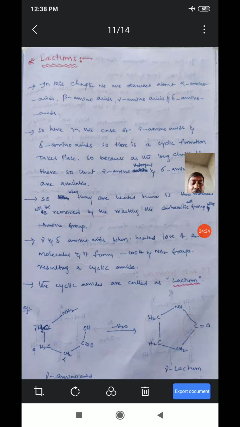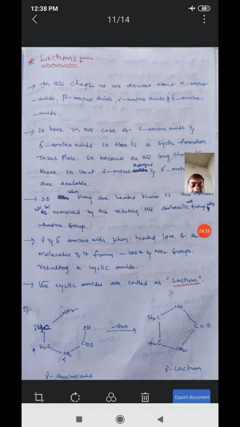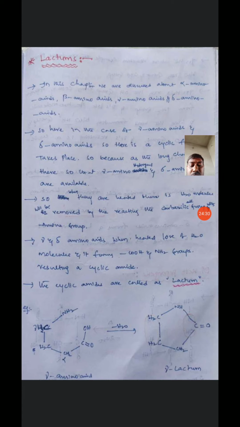For example, a gamma amino acid is COOH, CH2, CH2, CH2 and NH2.